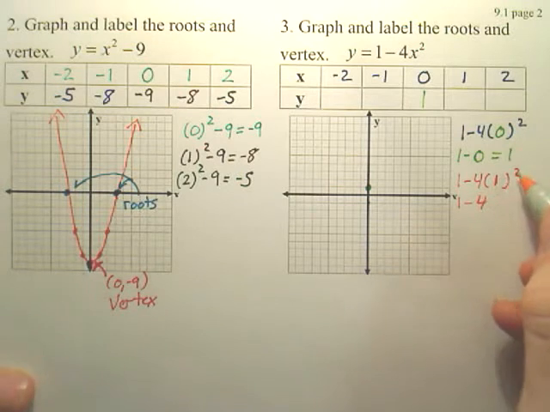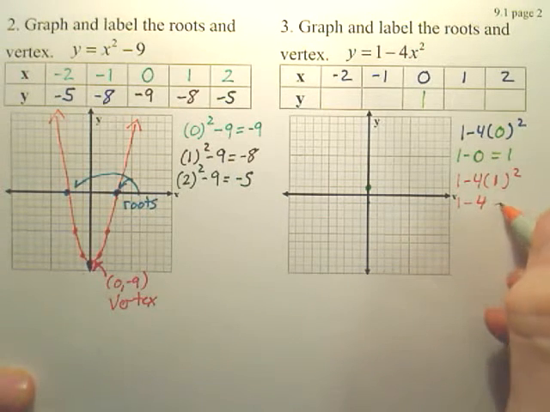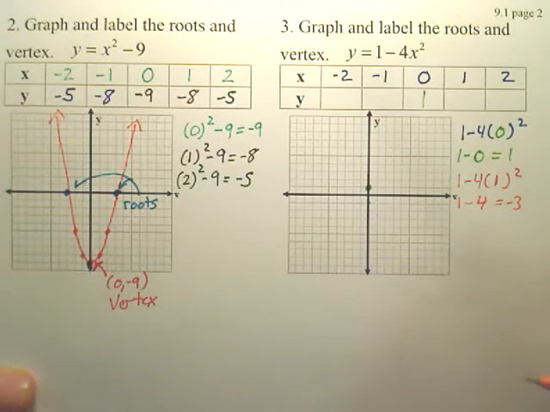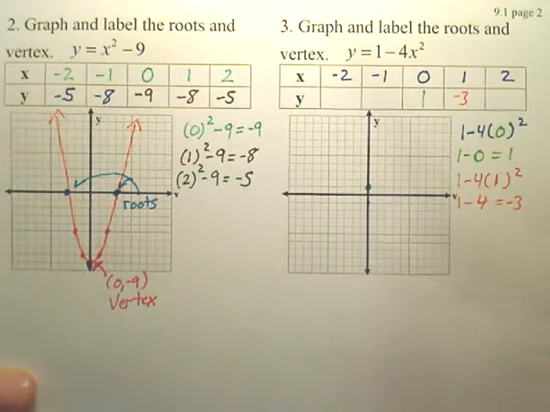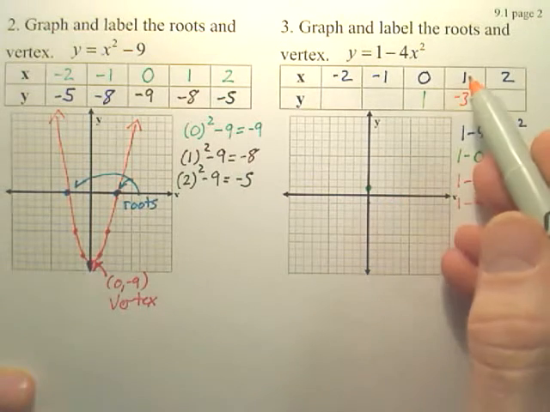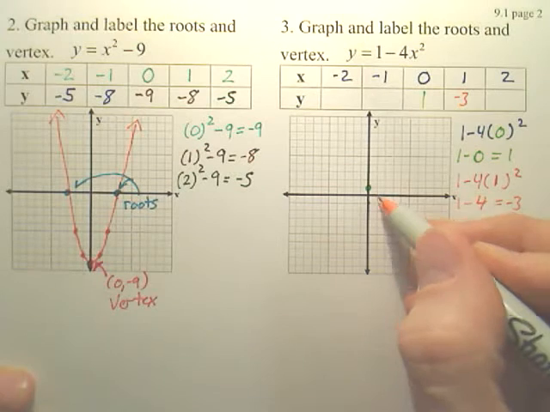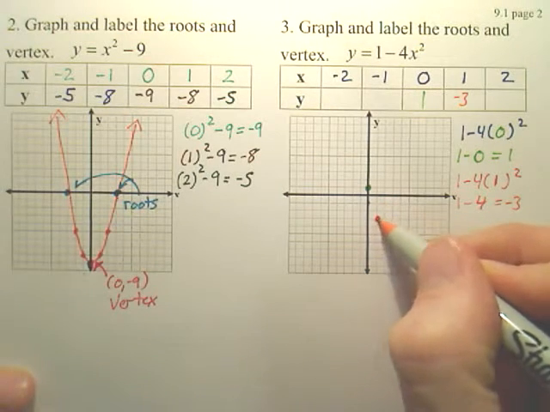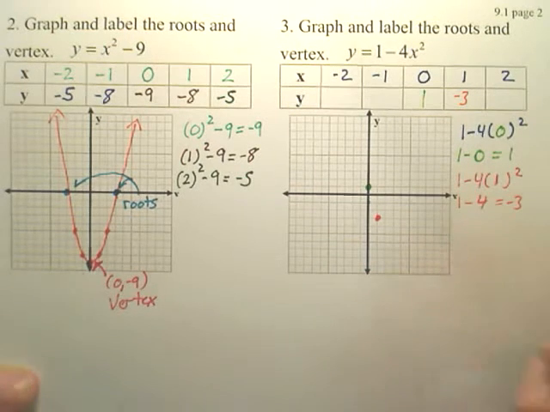Again, -4 times 1 is -4. 1 minus 4 is -3. So this would be -3. At 1, when x is 1, you're going to go down 3.